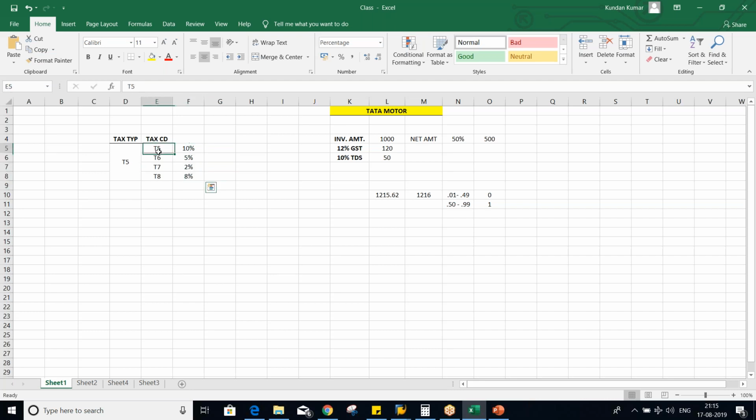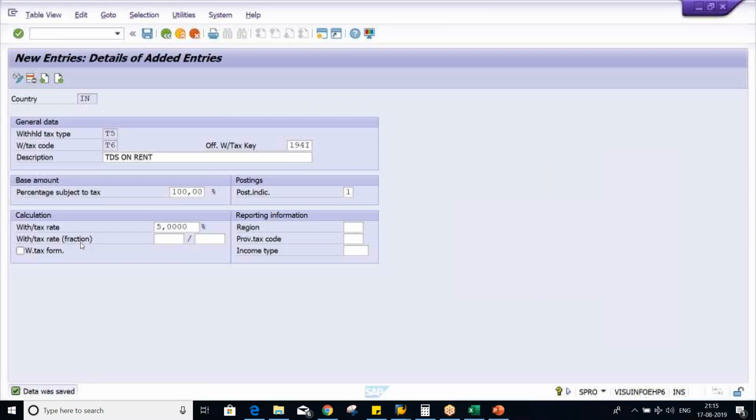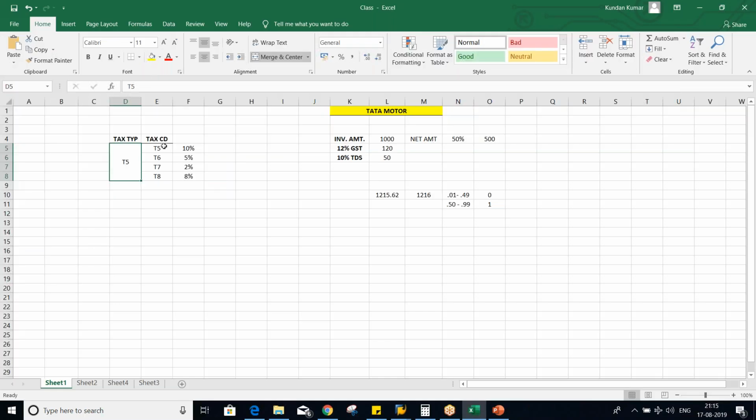But since all the tax codes have been set up against a particular tax type, the base amount for tax calculation will be the same. If I'm going to select, look at here, I'm having P6. So at tax type level, if you select net amount for this tax calculation, then for every tax code the same setting is applicable.